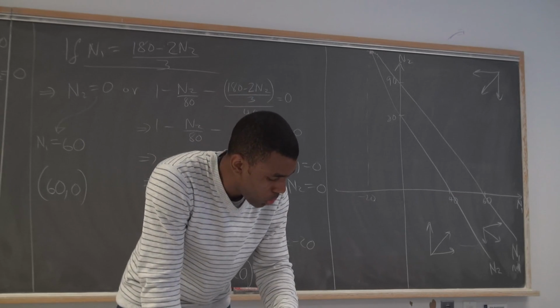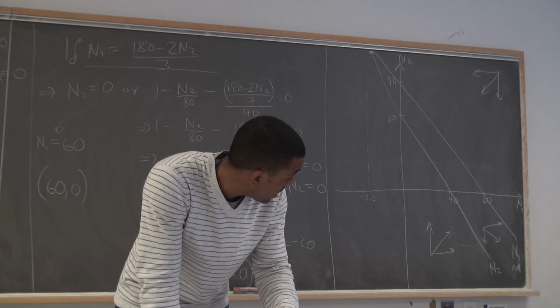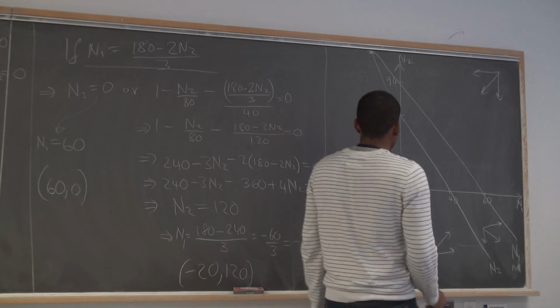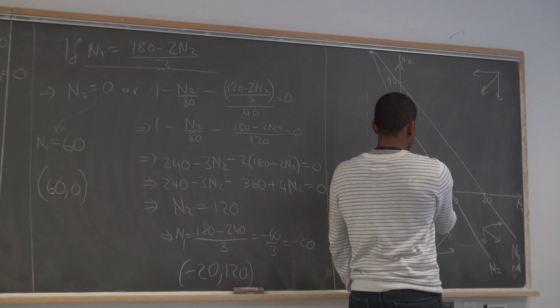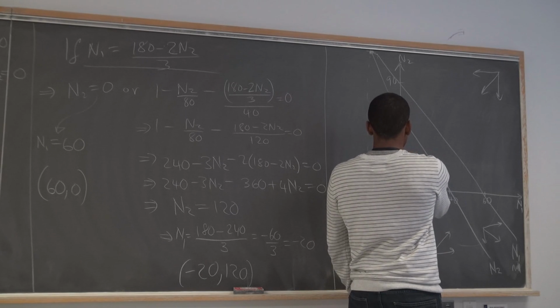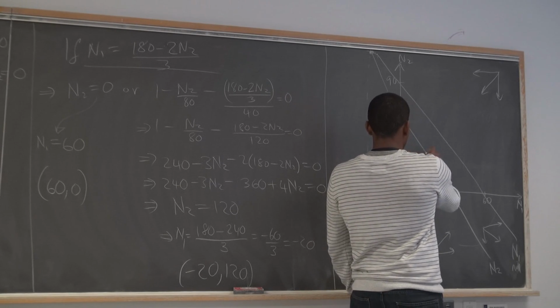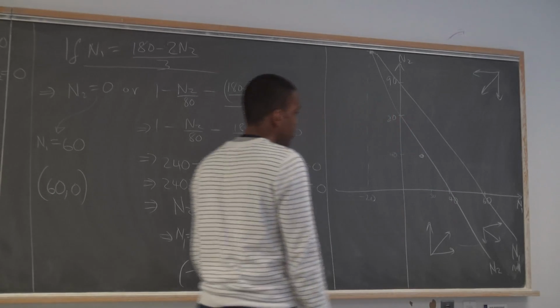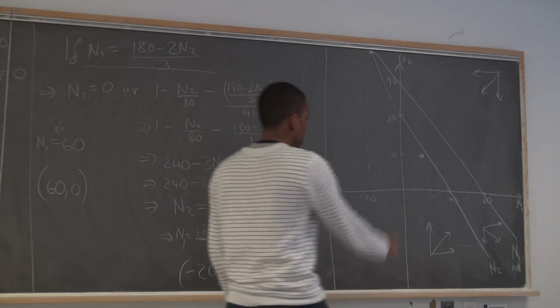Now it says, suppose you start with N1 equals 30 and N2 equals 40. So N1 equals 30, N2 equals 40. I assume that will be in this region. 30 and 40? Yeah, it'll be somewhere in here.